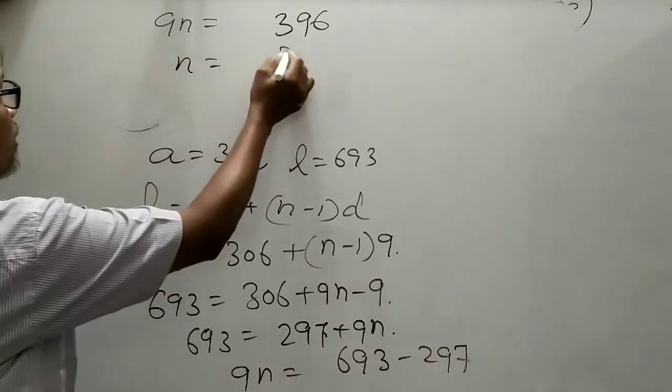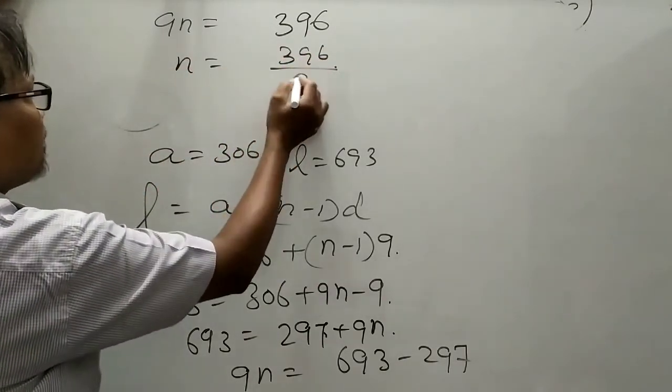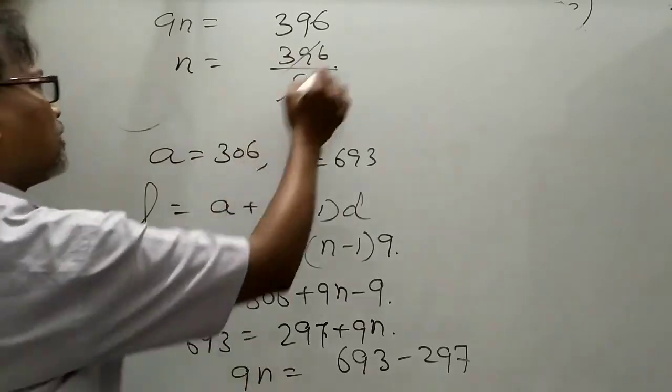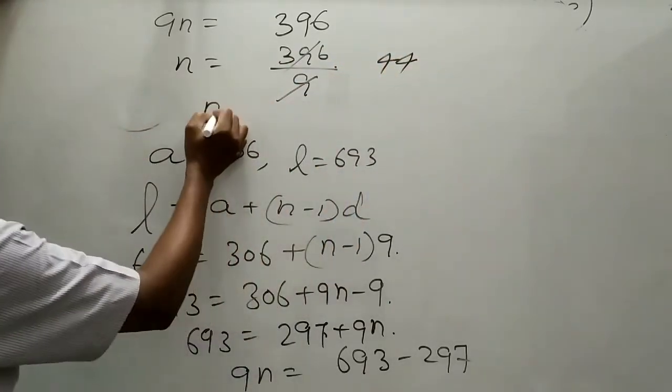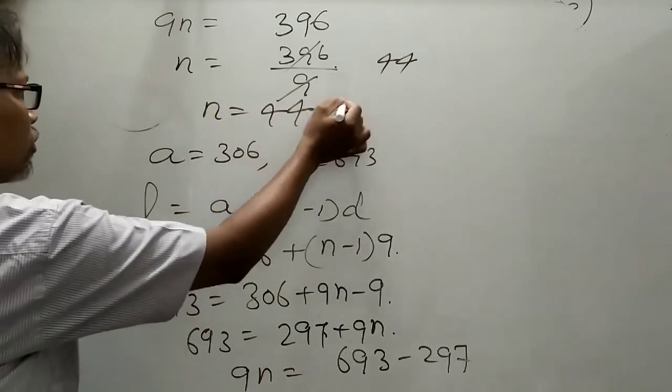So n is equal to 396 by 9. 9 fours are 36, so n is equal to 44.